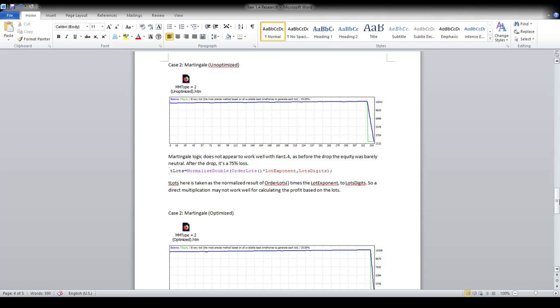Now I move on to case 2, which is the simplified martingale logic. It's practically the same as case 0, which is a direct lots translation. So it's slightly above the base 10,000 up until closing, at which it drops to more than or just about a 75% loss.